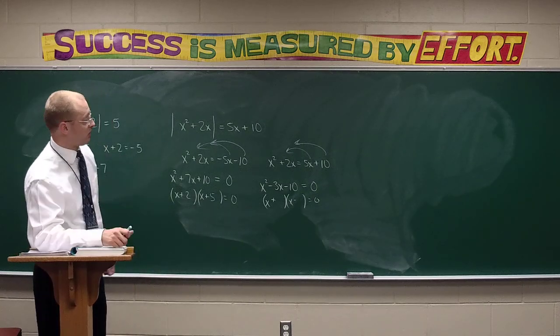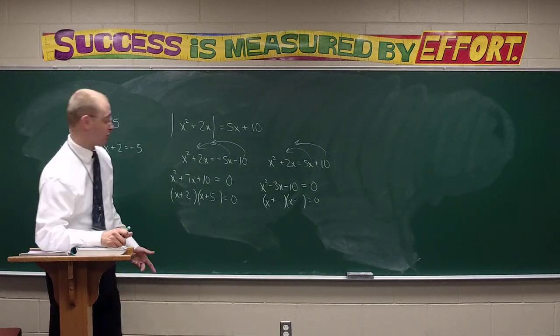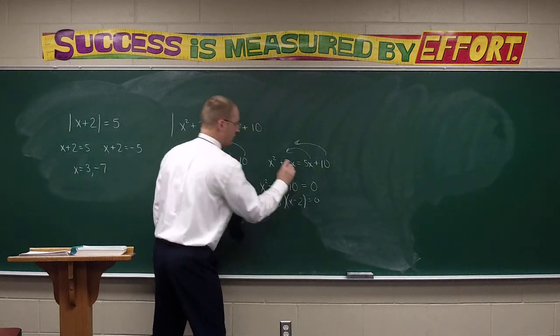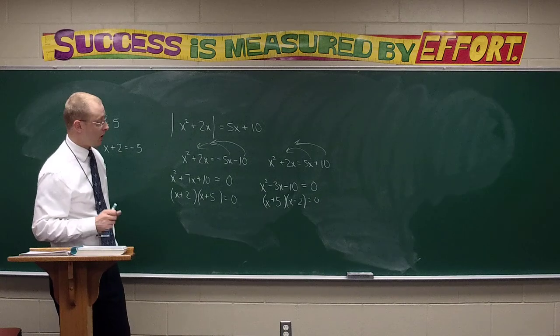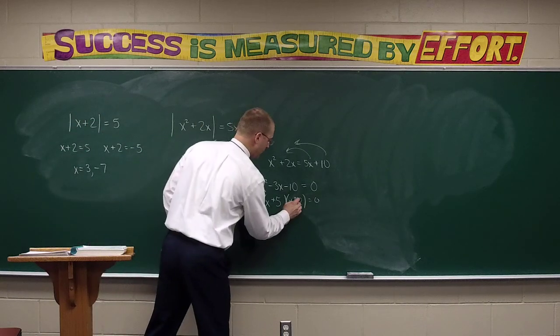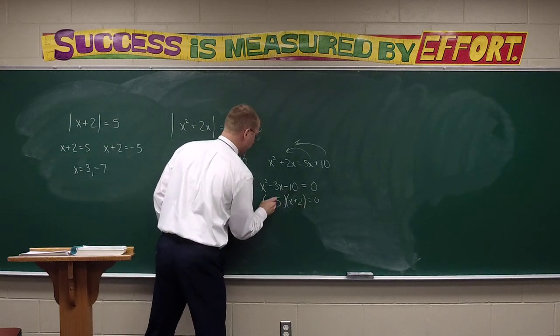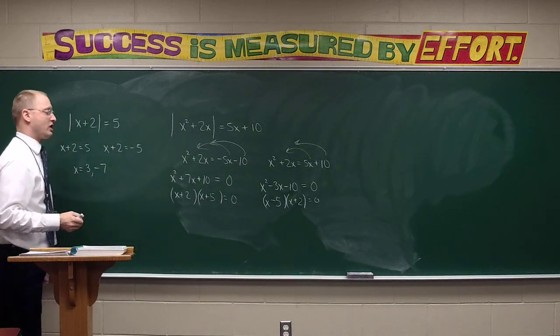What's the most natural way to split a 10? 5 and 2. Let's try it. All right, check your middle term. What does it give you? Positive 3. Oh, so all we need to do is change that. There we go. Don't belabor it. Plug in some numbers, see what happens, and change it if you have to.